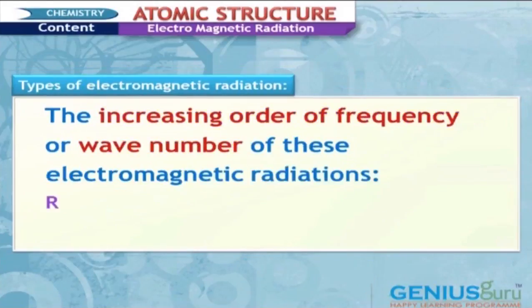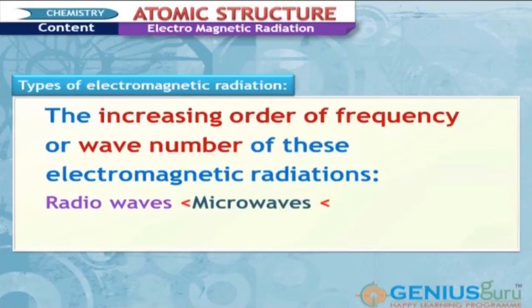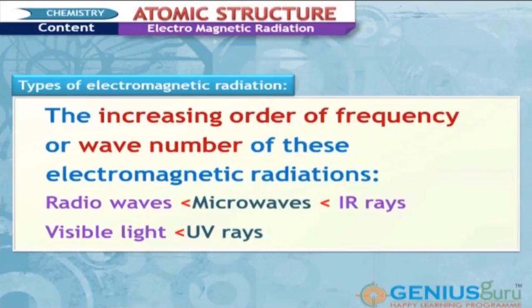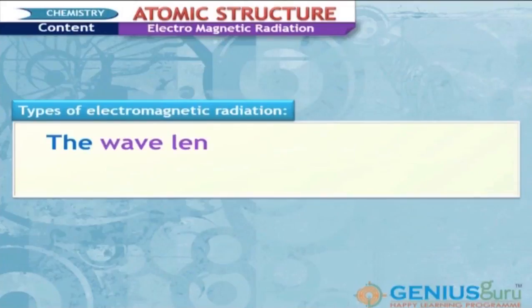Radio waves are less than microwaves, which is less than IR rays, less than visible light, less than UV rays, X-rays and gamma rays. So radio waves have minimum frequency or wave number, whereas gamma rays have the highest frequency or wave number.